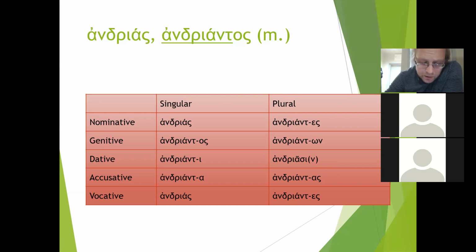And at the same time, the concluding alpha in the stem is also lengthened. This is called a compensatory lengthening. So you can see that the lengthened alpha is marked with the circumflex there.